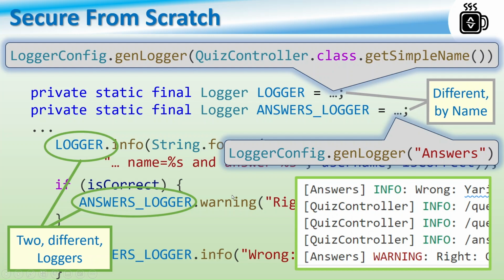If we go back to how they are defined, at the top of the class, we can see that logger was initialized to the name of the class quiz controller by asking the class for its name, while answers logger was initialized with a hard-coded string name answers. This is why we see answers in squared brackets on each line this logger outputs.